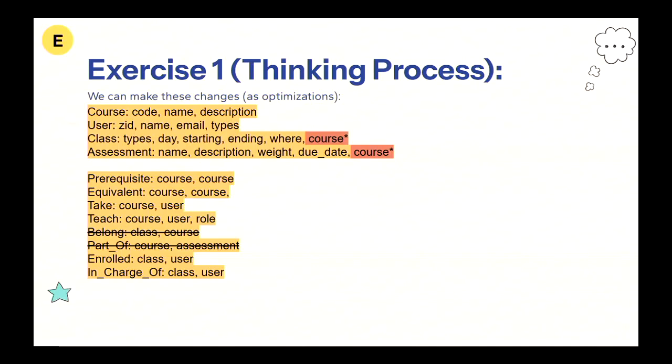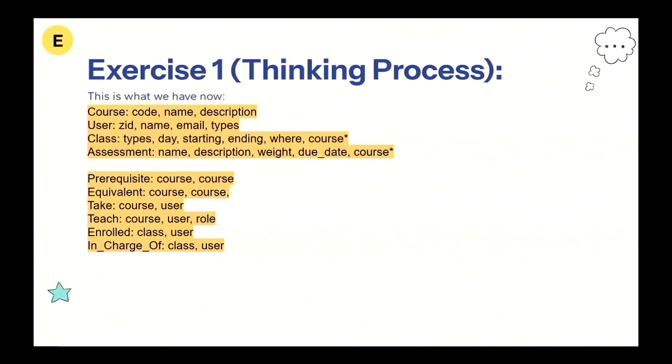We can simply remove the relationship of belong, and put the course to which the class is attached as an attribute of the class. And we can also remove the relationship of part of and make the course of that assessment an attribute. So these are the optimizations we can do, and this is what we have now.